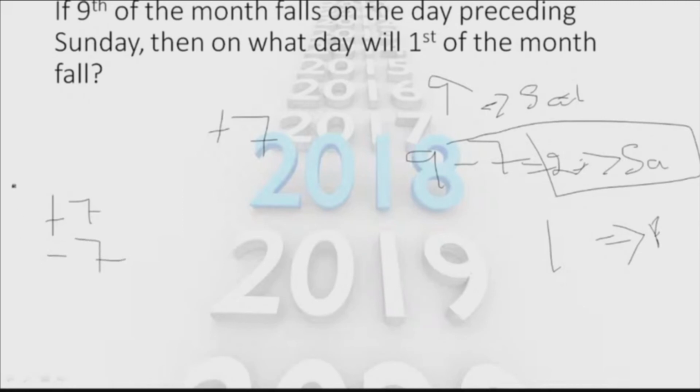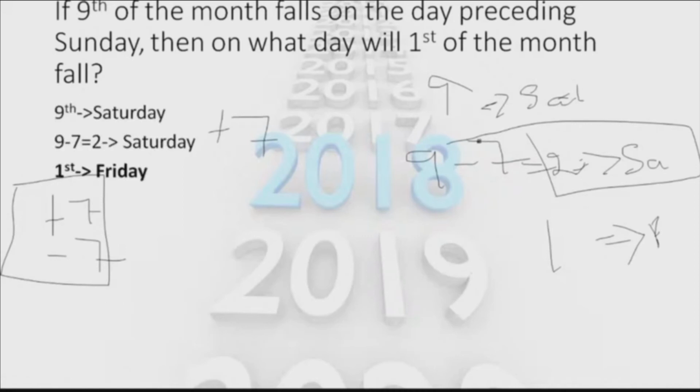If you want to know the dates of future weeks, you go with plus 7. If you want the dates of past weeks, then you go for minus 7. The same concept you can apply here and you get the answer to be Friday.